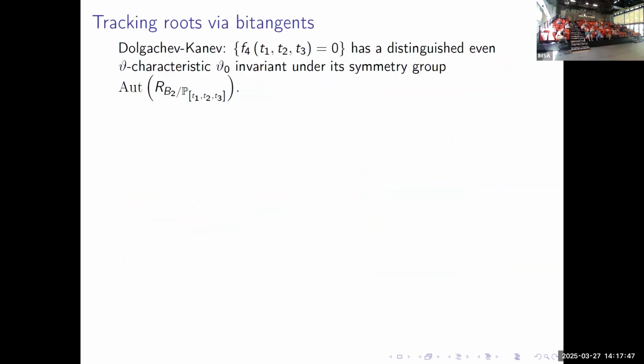So Dolgachev almost 30 years ago said that the family of the quartic curves that is the branch locus of the del Pezzo over P2 has a distinguished even theta characteristic.